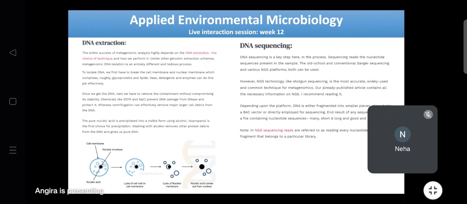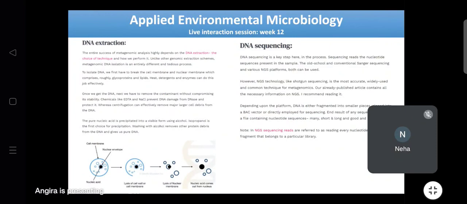We had discussed in our previous classes how Sanger sequencing works. Previously, as an old school method, Sanger sequencing can be done, or newer platforms have come out, that is NGS, that can also be used. Sometimes shotgun sequencing can also be used, which is the most accurate and widely used technique now.